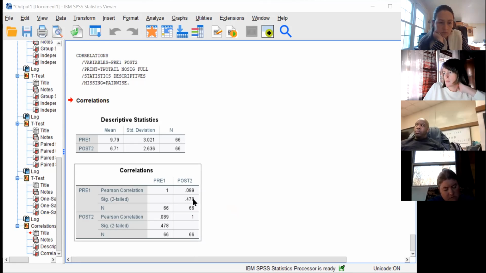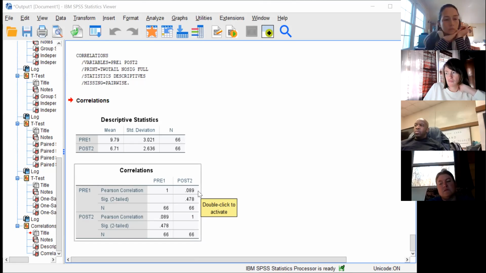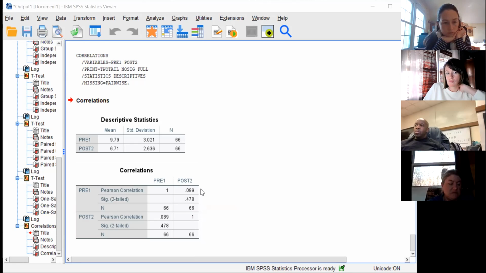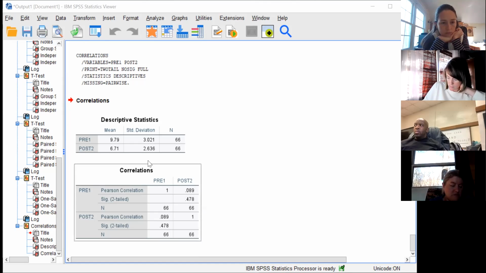Even though the R value is not that high, it's like 0.9. So they're not really correlated. And that's why one doesn't predict the other one, because they have to be correlated to begin with. But we can trust the other correlation because this gives us exactly the same outcome.